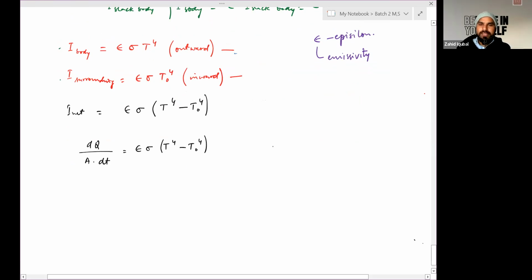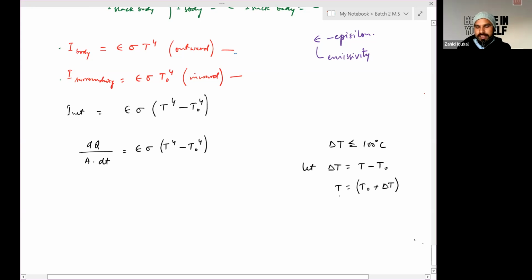Newton's law of cooling is valid for temperature difference between body and surrounding less than 100 degrees Celsius. So delta T is less than or equal to 100 degrees Celsius. Let's say delta T equals T minus T naught. So T equals T naught plus delta T.